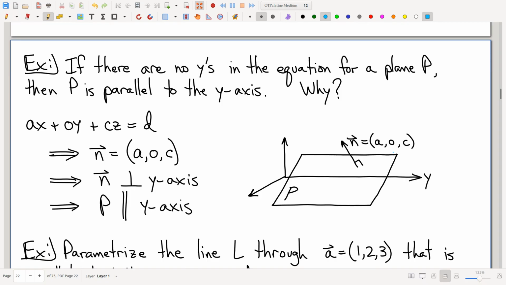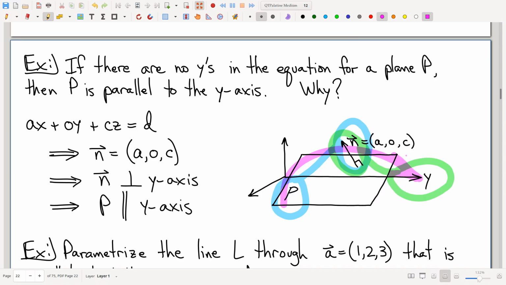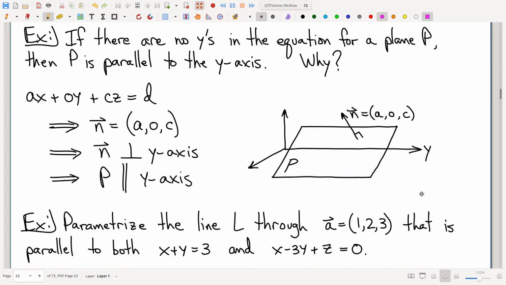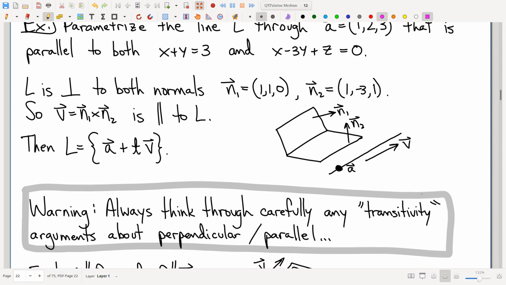It's an abuse of the term, I'm sorry, but the big idea of what I'm claiming is I started knowing that P and N are perpendicular, and then I showed that N and the y-axis are perpendicular, and from that I connected the dots, as it were, to conclude something about the relationship between the plane and the y-axis. So this connected to that connected to this, and between the two of them I drew a conclusion that I wanted.